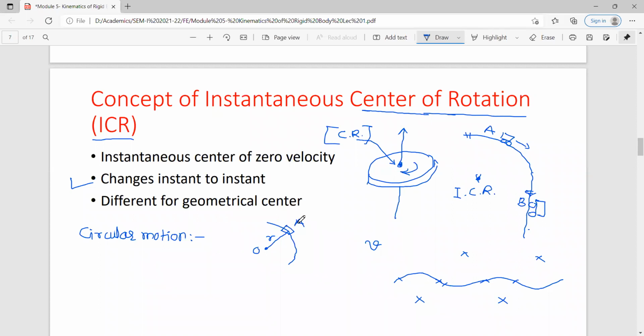Is it? Or tangent to the radius? Tell me. Tangent to the radius or tangent to the circular path? Radius. It is not tangent to the radius.